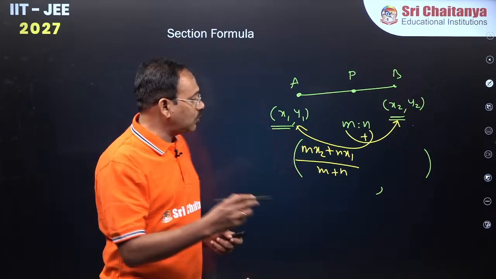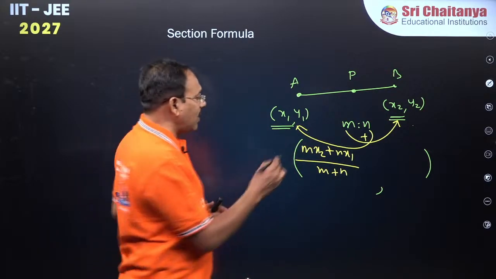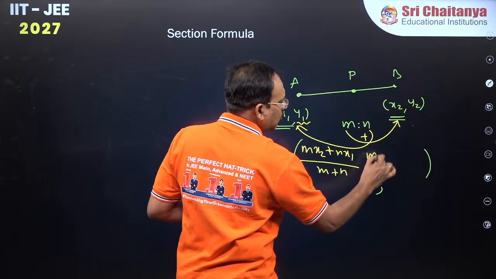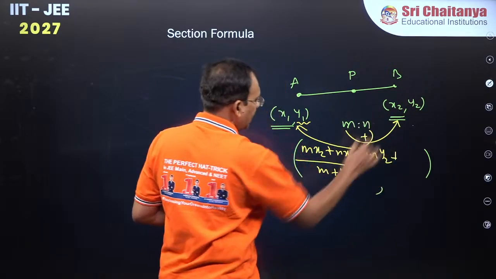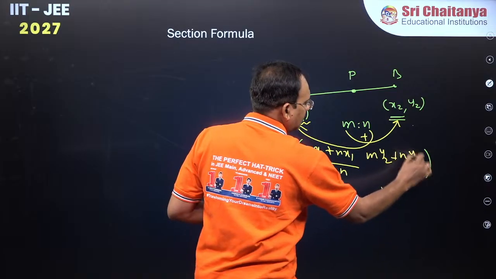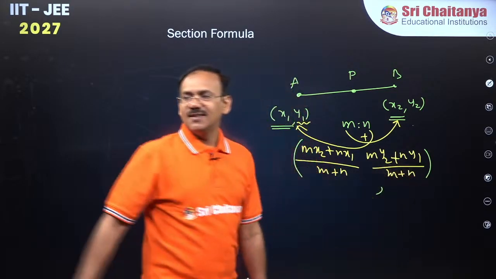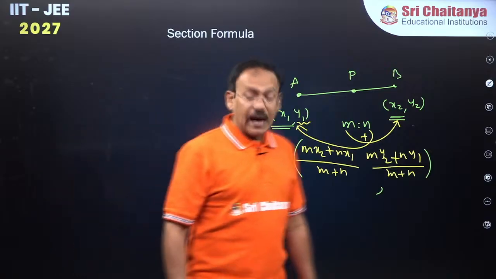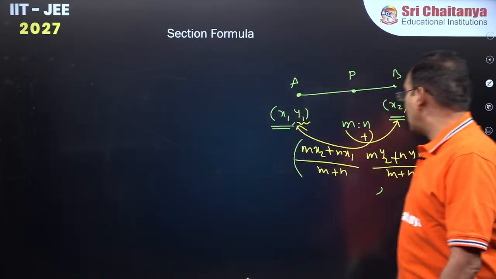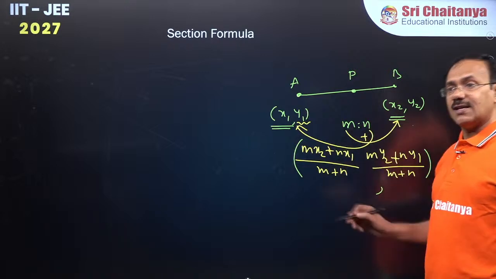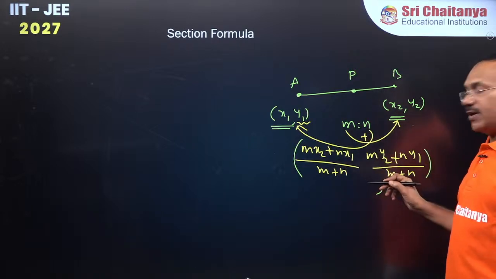Suppose you are going to write the y coordinate, see only y coordinates. Start from here: m y2 plus n y1 by m plus n. That's it. So if you want to find the point which divides AB in the ratio m:n internally, you have to do it this way.